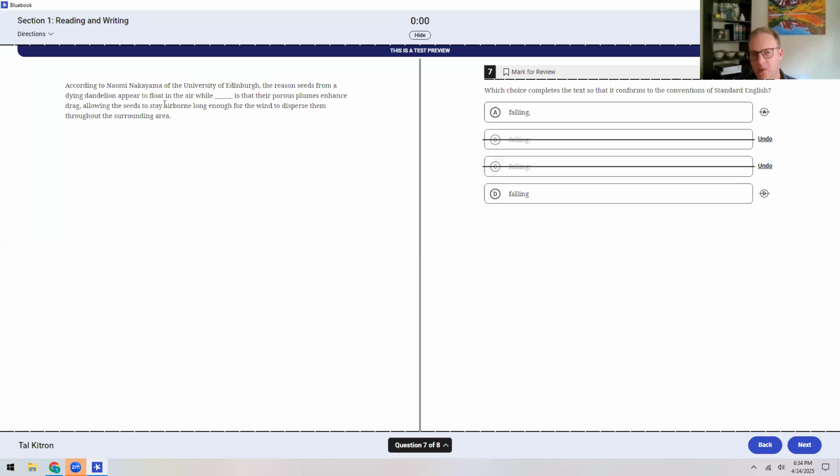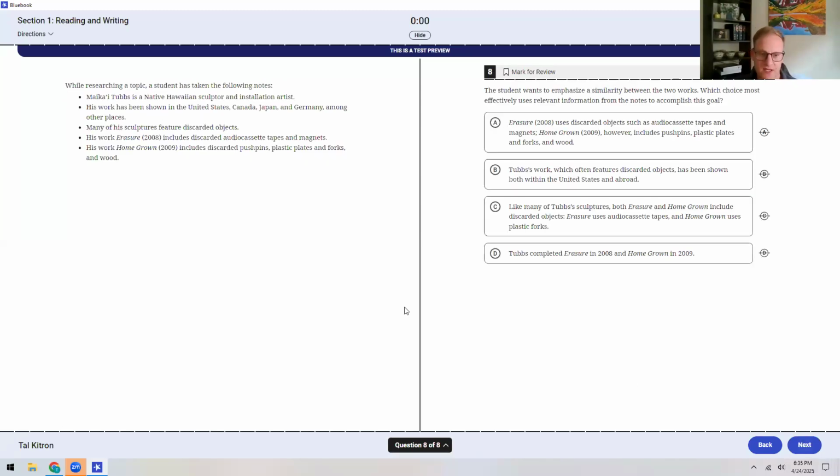And so then it's just, can I get away with no pause? The reason seeds from a dying dandelion appear to float in the air while falling is that their porous plumes enhance drag. I think that's our answer. You can't really pause between falling and is. So this is tough, but no pause is good. And if you can get away with no stop, we often want that.